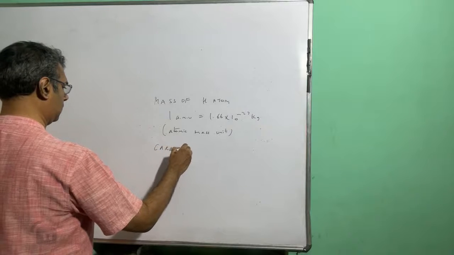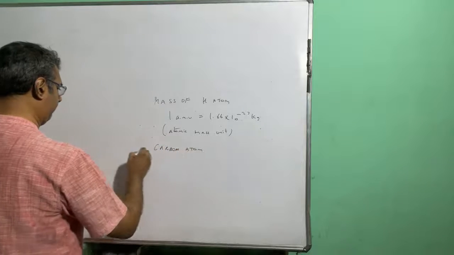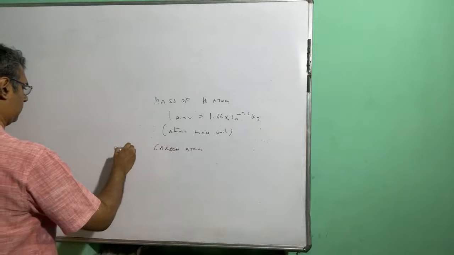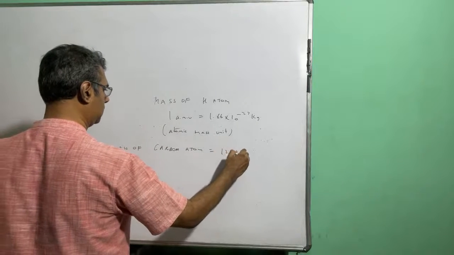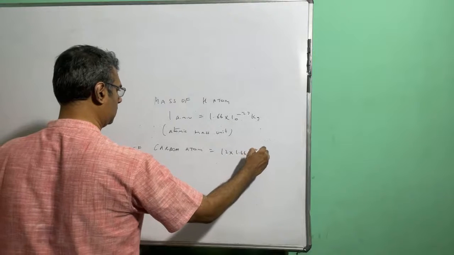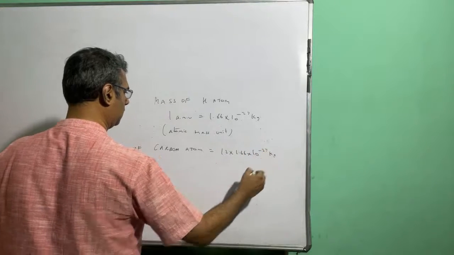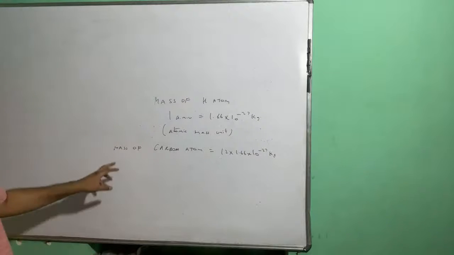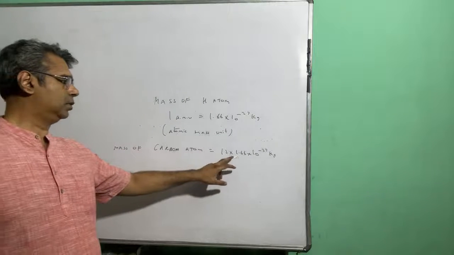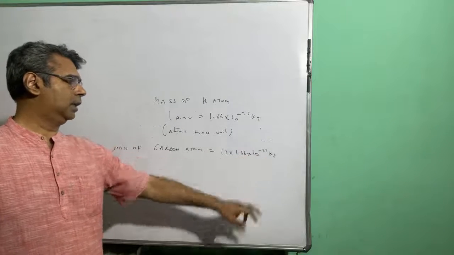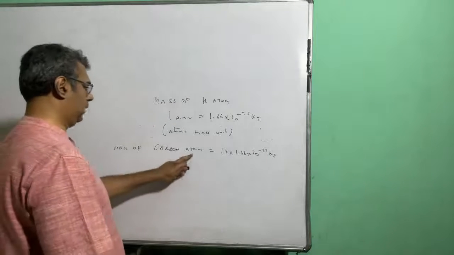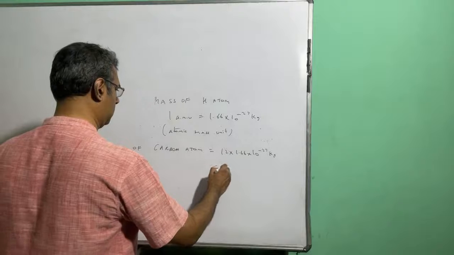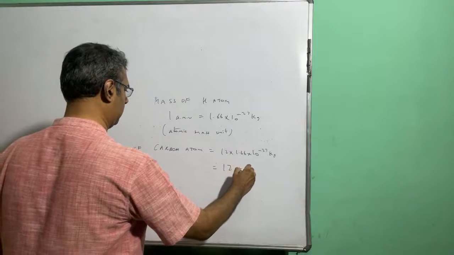Suppose the mass of carbon atom is 12 into 1.66 into 10 to the power minus 27 kg.